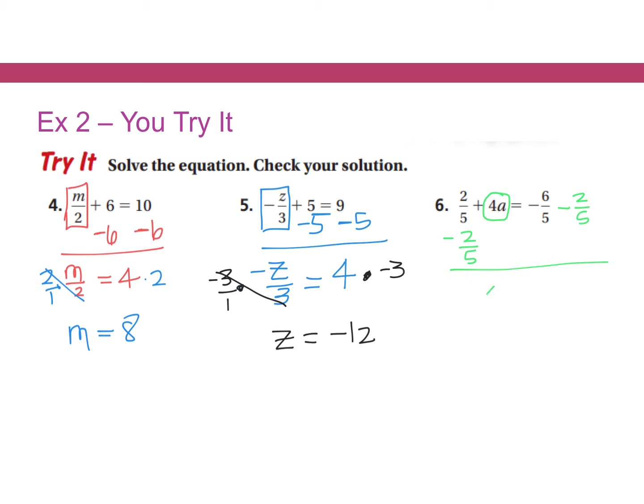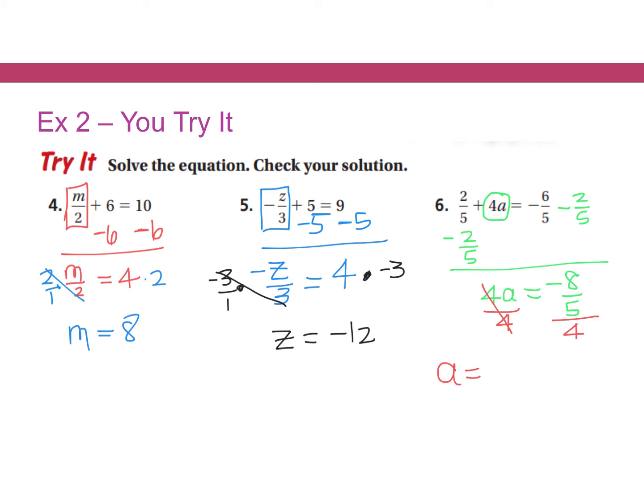When I do that, I'm left with 4a equals a negative 6 minus 2, which is actually going to give me a negative 8/5. And now I have to divide both sides by 4 because that's really 4 times a. So if I divide by 4, I also have to divide this side by 4. These are going to cancel, and that's going to leave me with a equals.